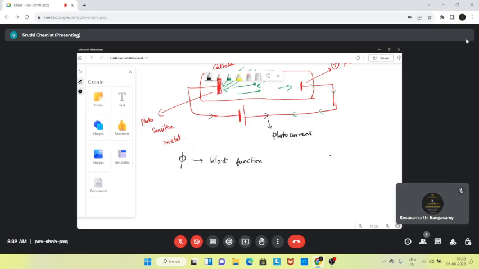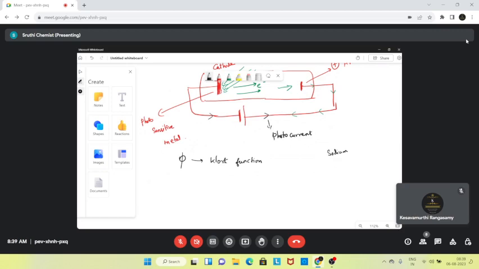For example, let's take sodium metal. Sodium metal will start to eject an electron at 20 kilojoule. Then 20 kilojoule is the work function of sodium. Then magnesium metal will eject an electron at 40 kilojoule, so 40 kilojoule is the work function of that metal.